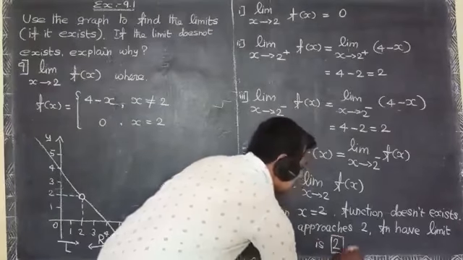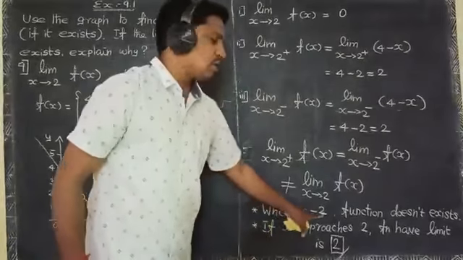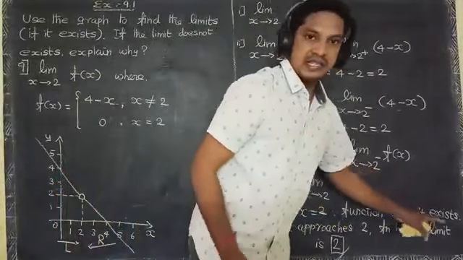Limit is 2. X equal to 2 means the function does not exist.